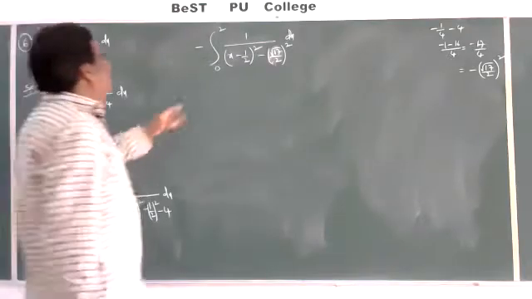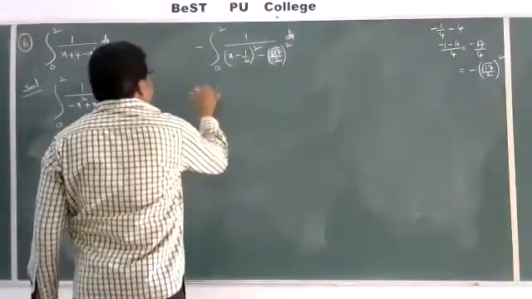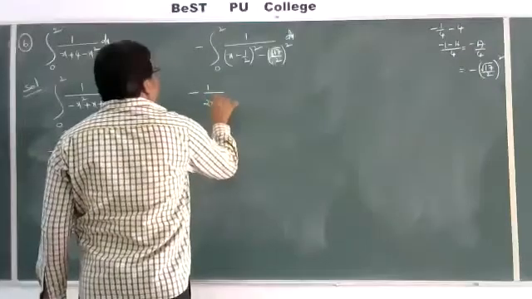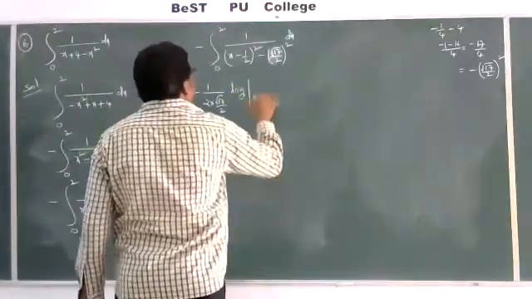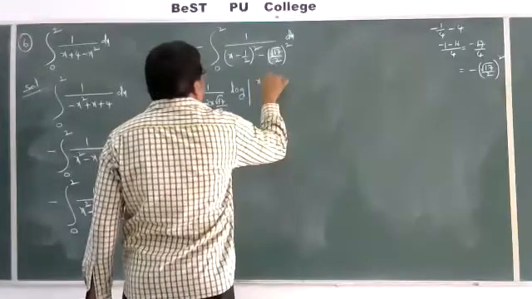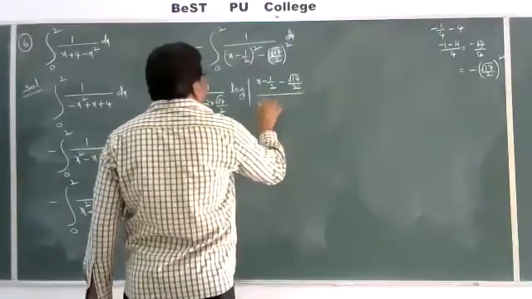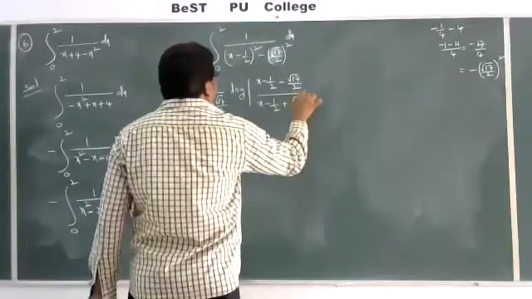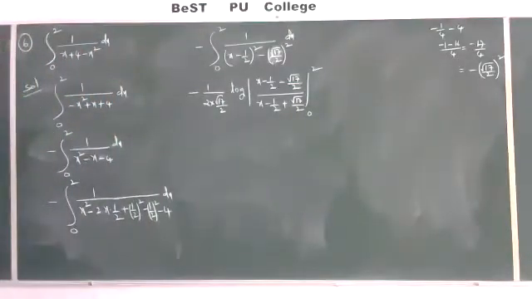Then you remember the formula: integral 1 by x square minus a square is 1 by 2a log mod x minus a by x plus a.